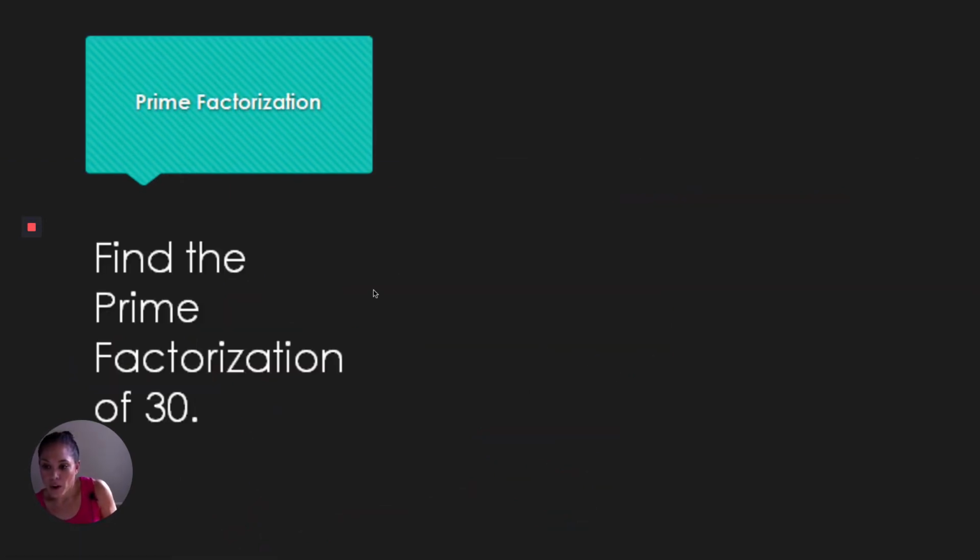Let's find the prime factorization of 30, doing my first method. Okay, so I'm going to put 30 in an upside down division, and I'll start small. 2 goes into 30 15 times.